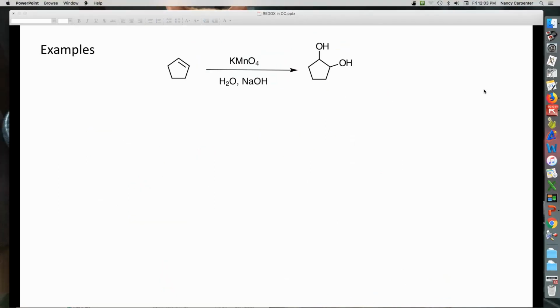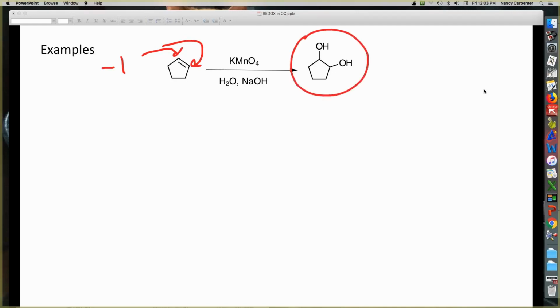Next example, what happens when I take cyclopentene and add something like potassium permanganate to it? Well, let's just again look at the oxidation state differences. We already determined from the previous slide that these are each -1. So what are the oxidation states for the affected carbons here? Well, remember, line structure is absolutely positively the enemy.